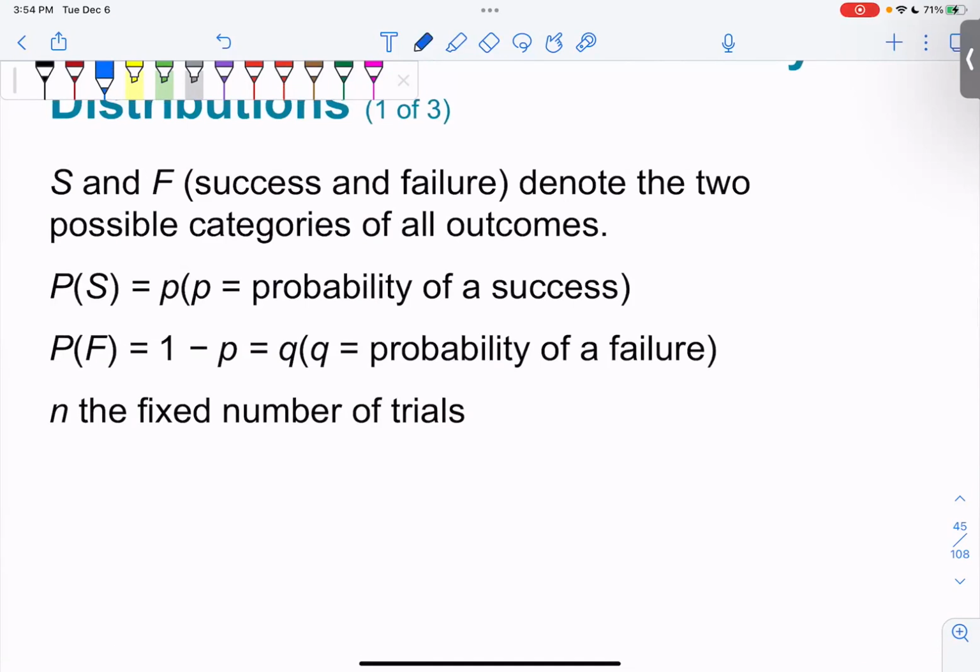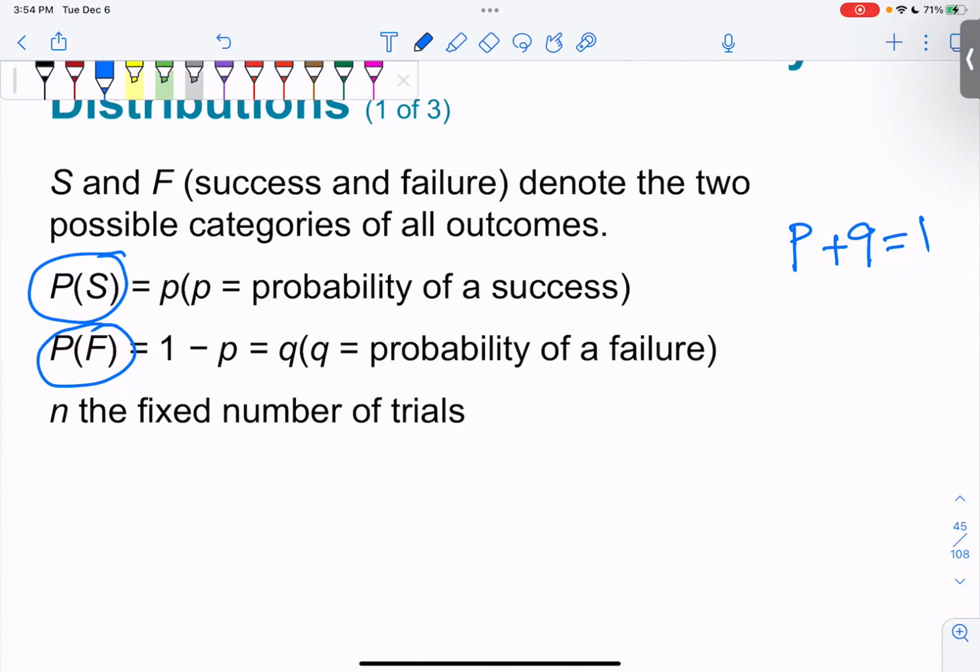So B, usually we call it the probability of success, and the probability of failure we call Q. So B plus Q must be equal to 1. So B is the probability of success, Q is the probability of failure, okay? And by the way, probability of success does not mean something good.